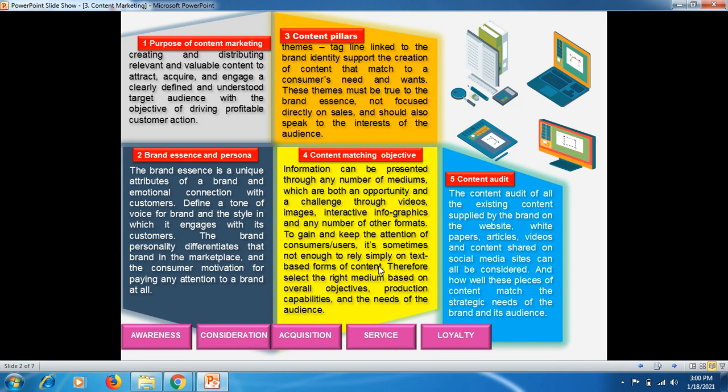The fourth one is content audit. Here the content audit of all the existing content supplied by the brand on the website, white papers, articles, videos, and content shared on social media can be considered. Means once the content has been launched on the platforms you have selected as a channel, you must know which content is making progress and which content is not providing any kind of source or feedback.